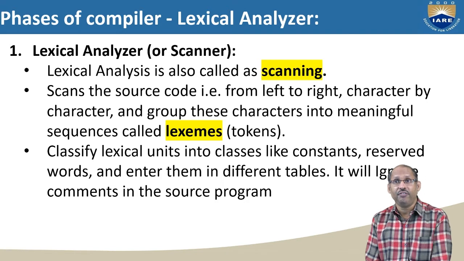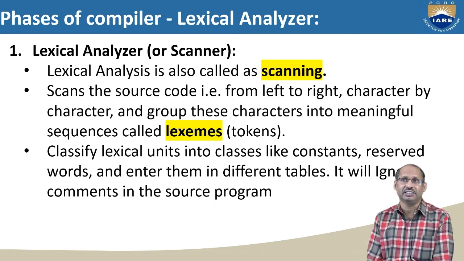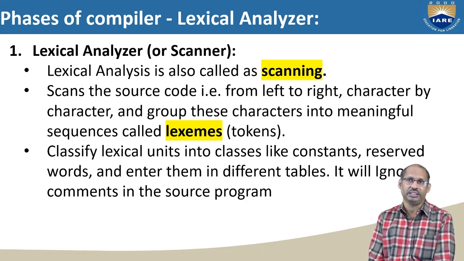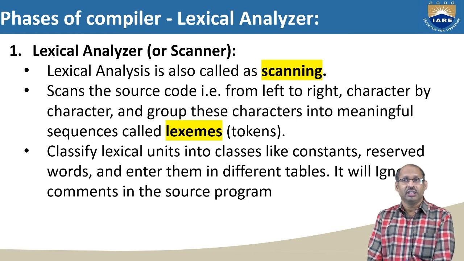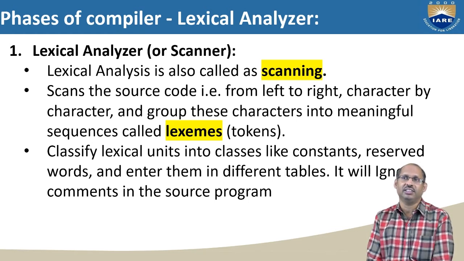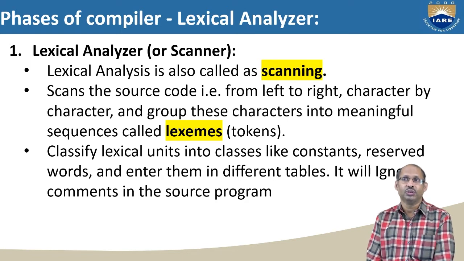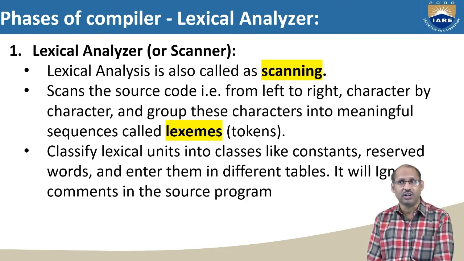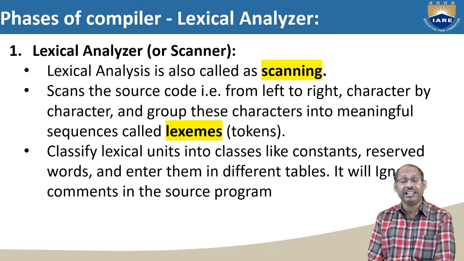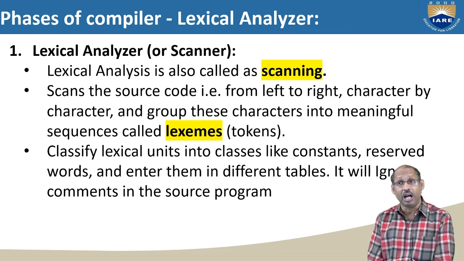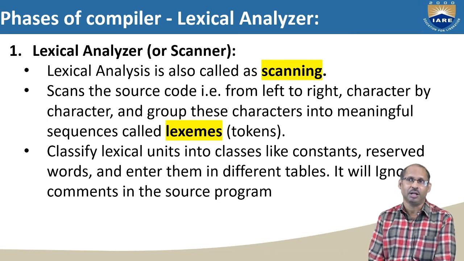The output of the lexical analyzer is a sequence of tokens, right? So this lexical analyzer will classify the lexemes into groups of tokens: constants, identifiers, keywords, and operators, and it stores them in different tables, and the information will be updated by each phase of the compiler.